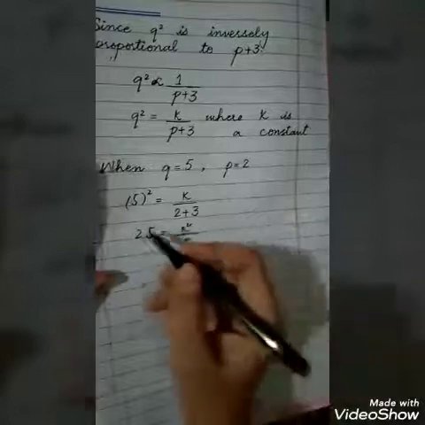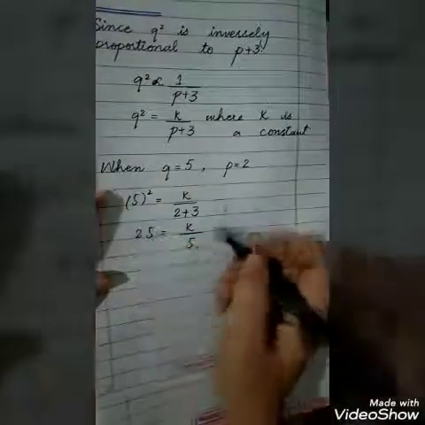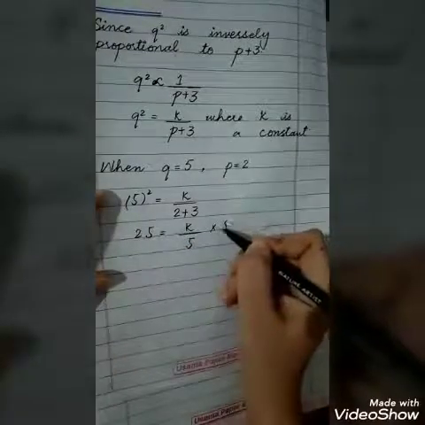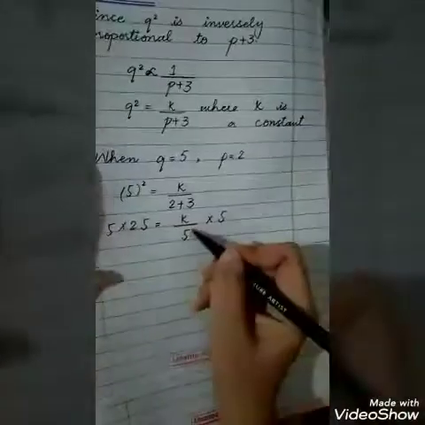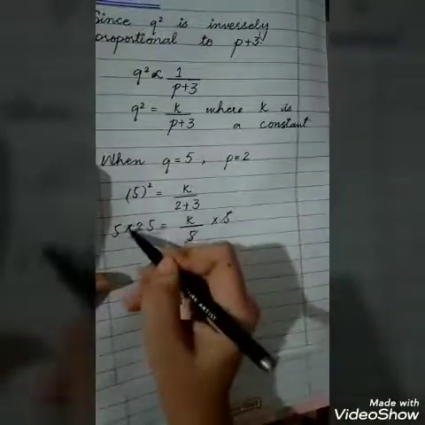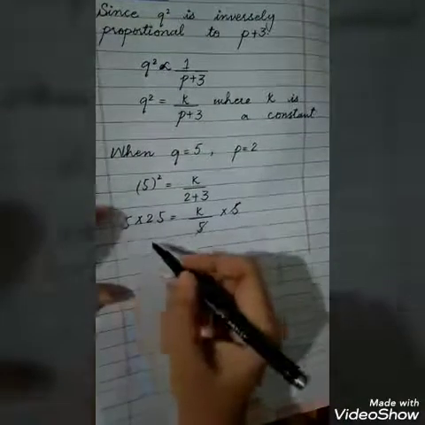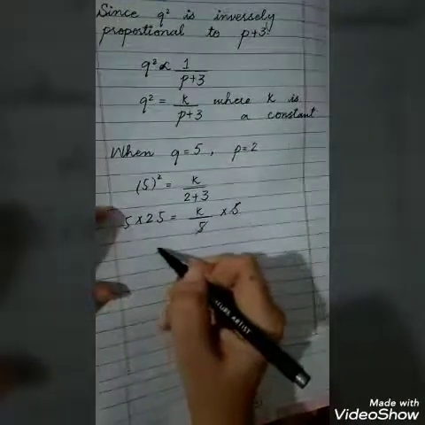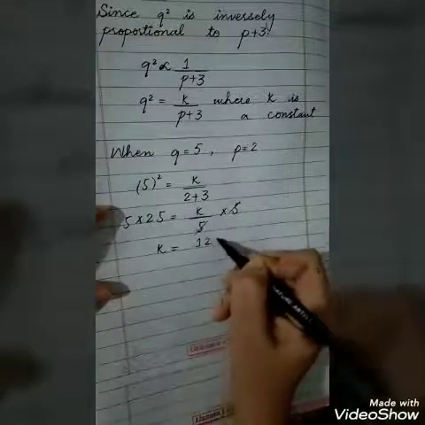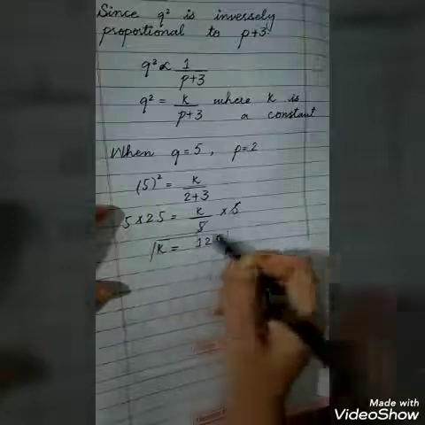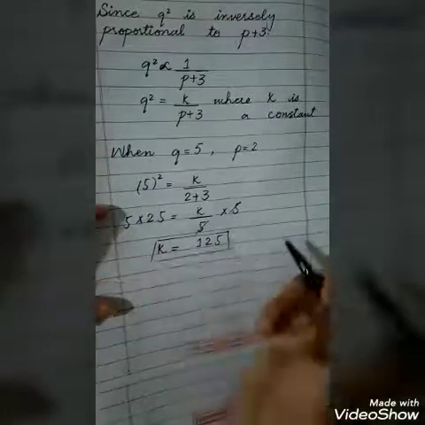We need the k value, so we multiply both sides by 5 so that it cancels. 5 times 25 is 125, so k is equal to 125.